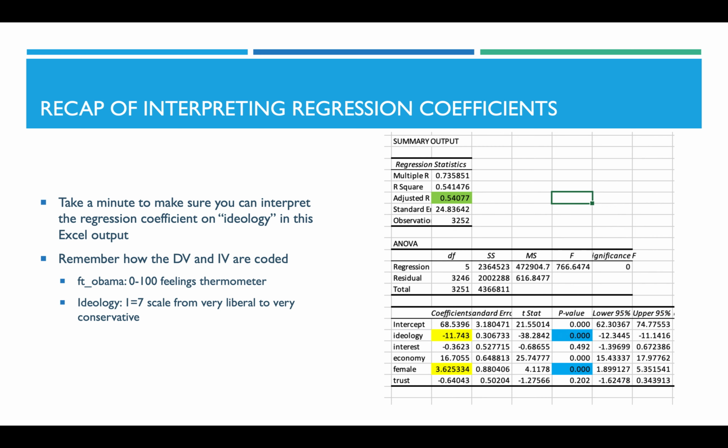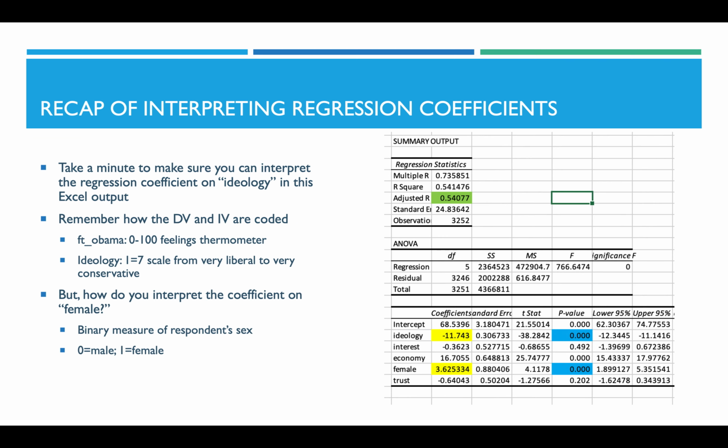Well, as you should have remembered, the intuition, because this is an OLS regression, is fairly straightforward. We can say that a 1 unit increase in ideology is associated, holding all other variables constant, because this is a multivariate model, with an 11.743 decrease in our feelings thermometer dependent variable.